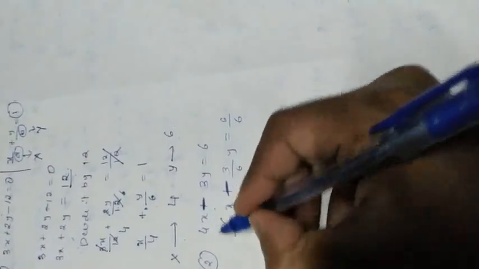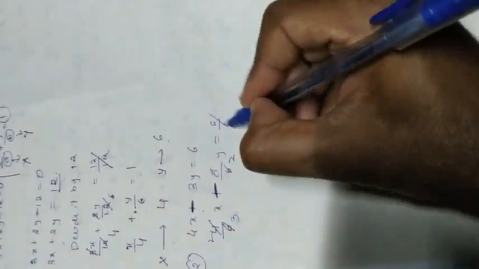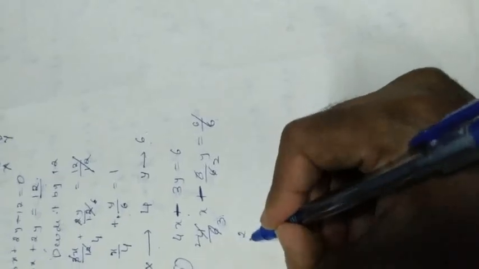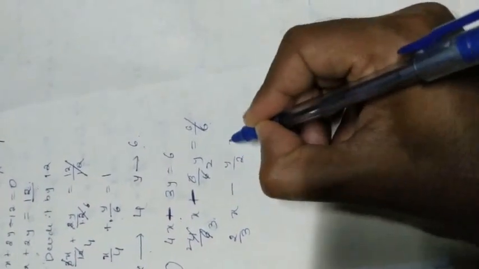Simplifying, it becomes 2 by 3x minus y by 2 is equal to 1.